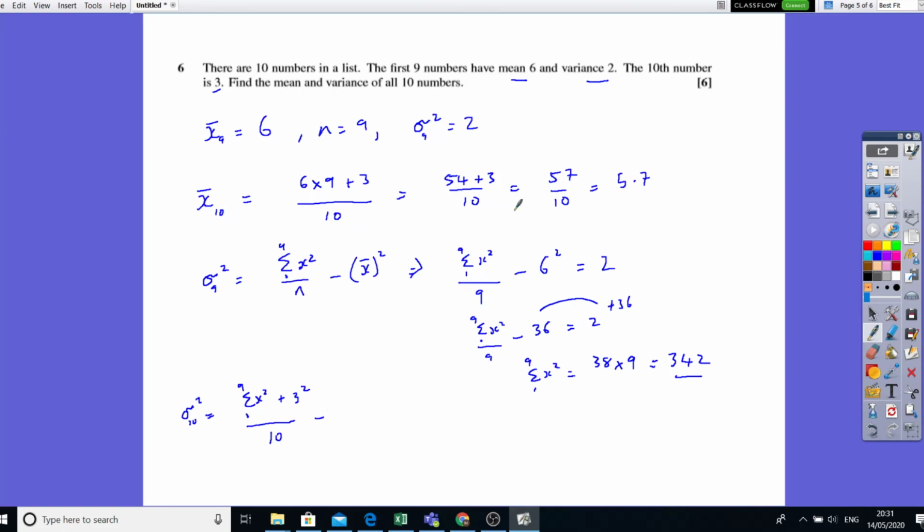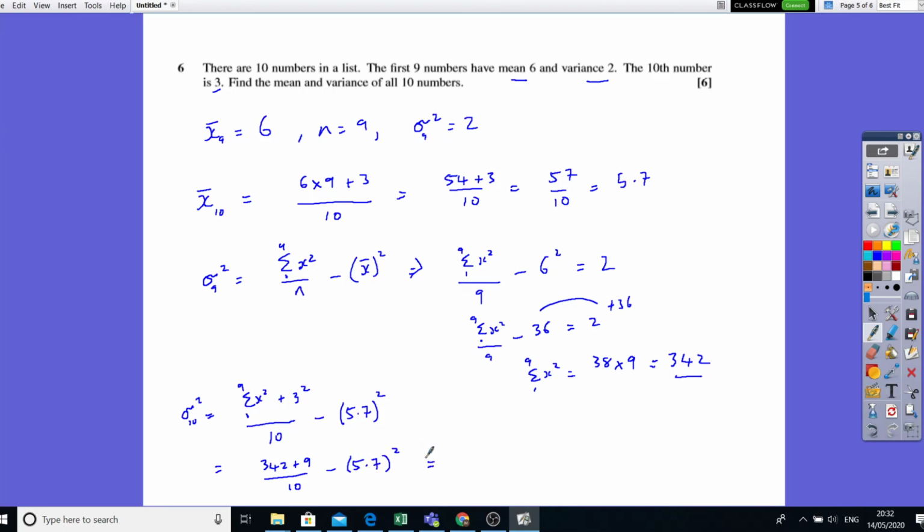We worked out the mean of the 10 numbers, which is 5.7, and I'm going to square that to take it off. So the sum of the 9 numbers is 342, plus 3 squared, which is 9, all over 10, minus 5.7 squared.